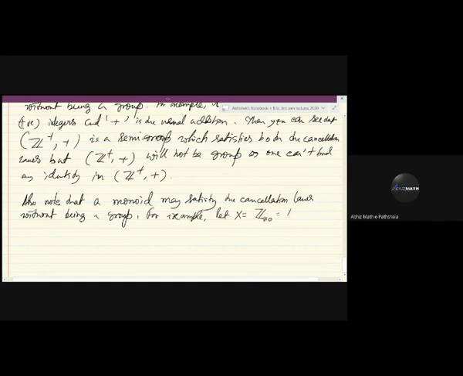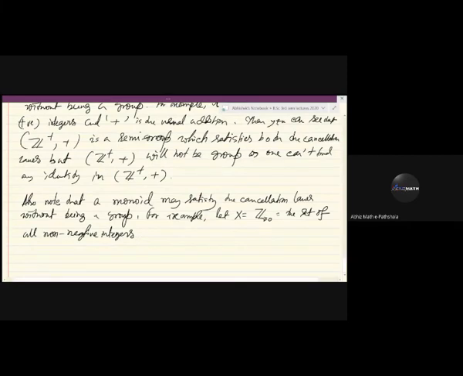That is the set of all non-negative integers, the positive integers with 0.